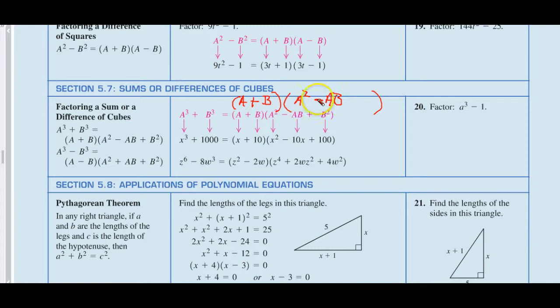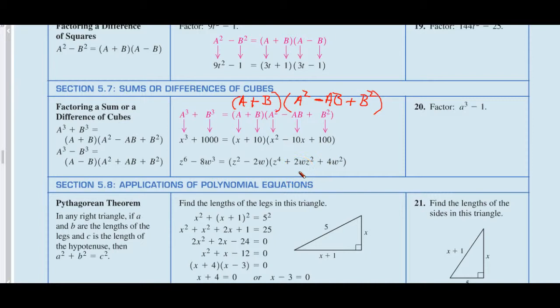Now remember, the sign is fixed because of our rule. You would think it would be a positive, but no. Here it's positive, there it's the opposite sign. And then finally you square the last term. That's what I had forgotten to put there when I showed you that other model.